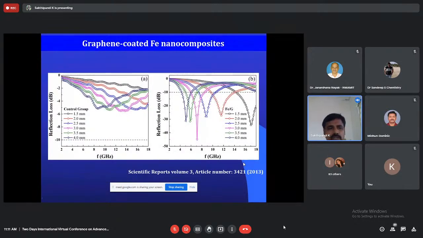So this is another work. The same material without graphene and with graphene. For the Fe sample, without graphene, the absorption is not at all unique here. When I put graphene along with this, you can find these sudden peaks, so the absorption is increased due to the graphene modification.